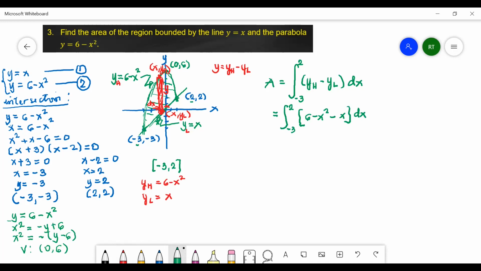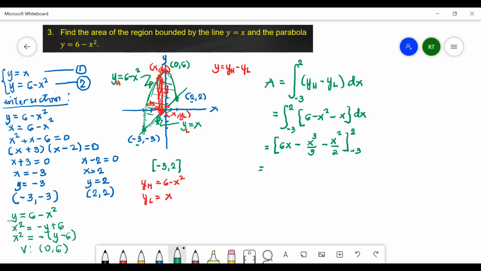Evaluating the integral will give us, integral of 6 dx is 6x, minus the integral of x squared dx is x cubed over 3, minus the integral of x dx is x squared over 2. And we have to evaluate this indefinite integral from the lower limit minus 3 to the upper limit positive 2.